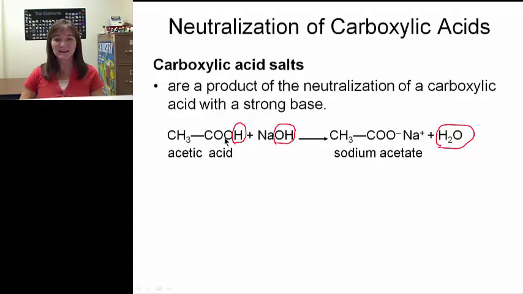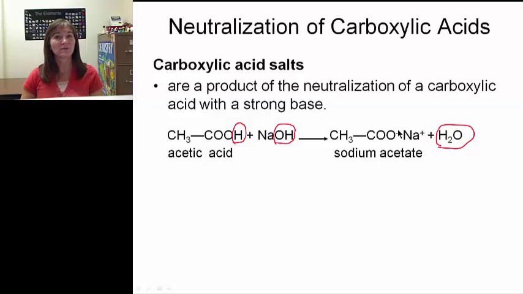What's going to be left then is the anion that's formed when acetic acid loses the hydrogen ion, and then the sodium ion is going to come balance off the negative charge. So this is what we call the carboxylic acid salt, because we have the charges.